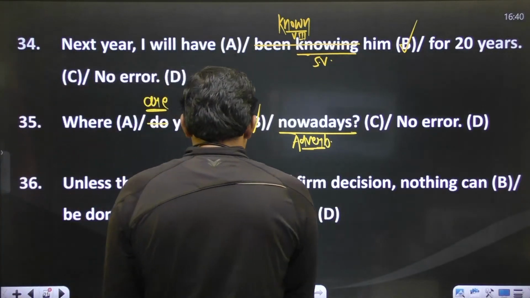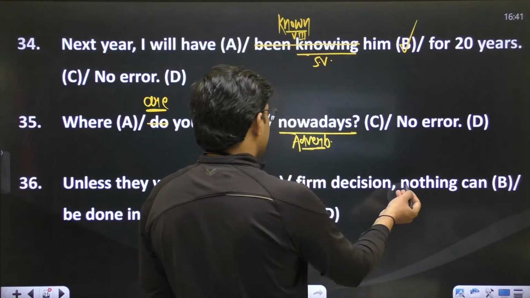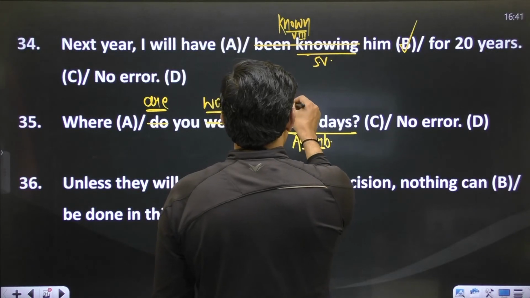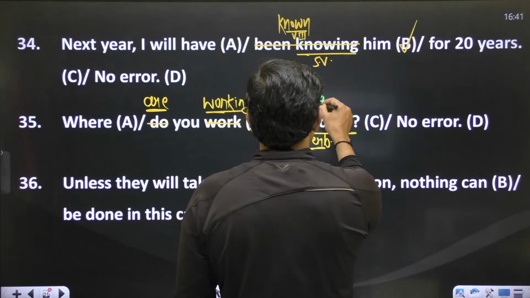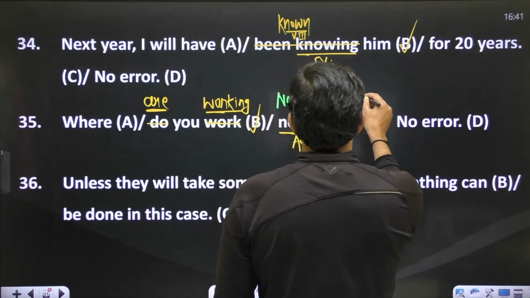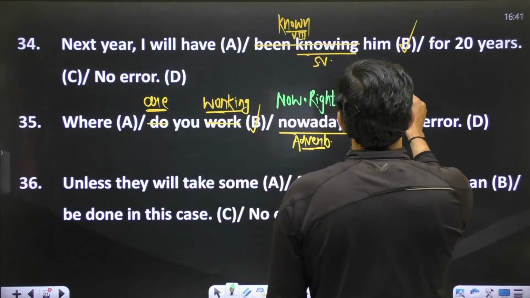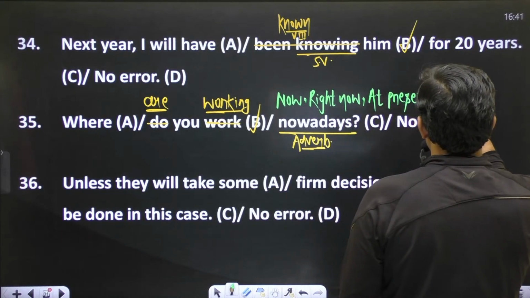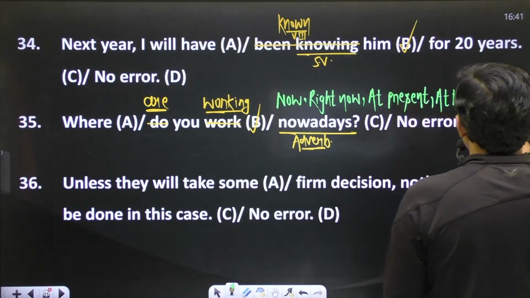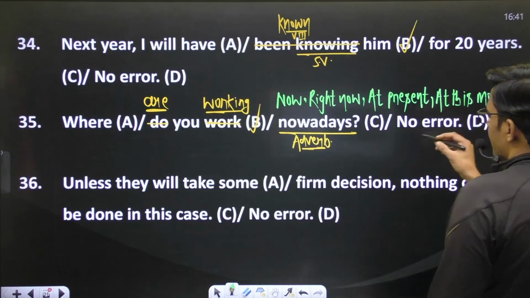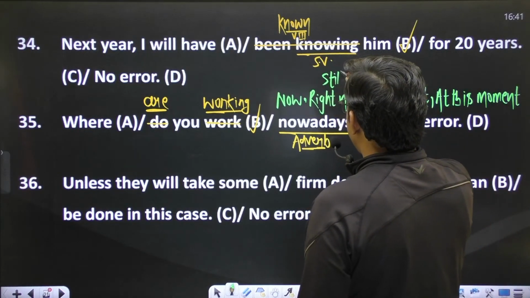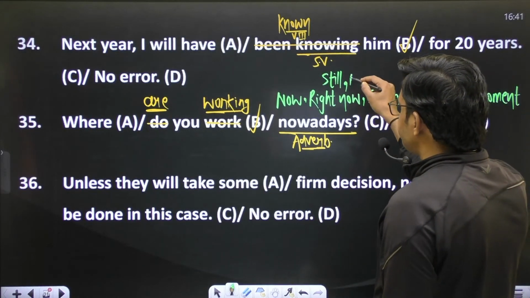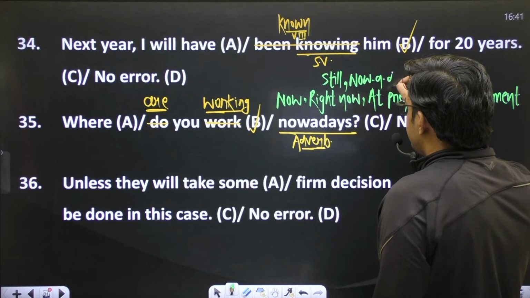Apart from nowadays, what are the rest of the words which demand present continuous tense? Words like now, right now, at present, at this moment, still, nowadays.